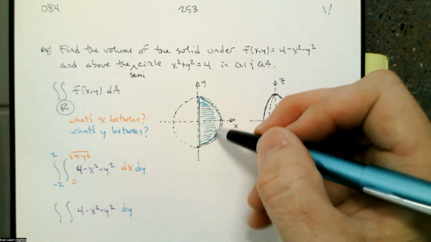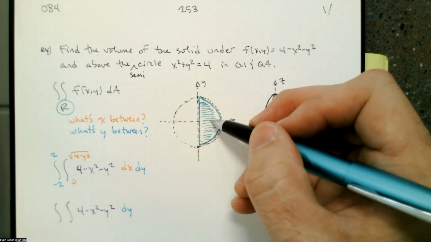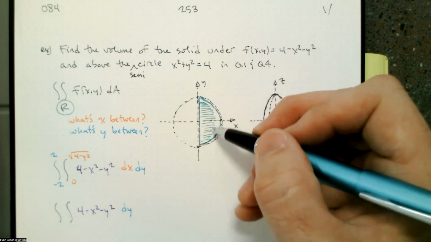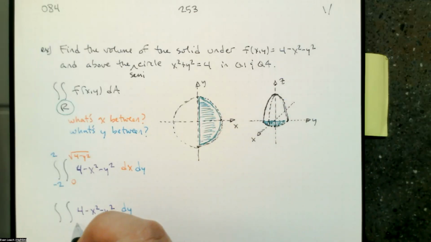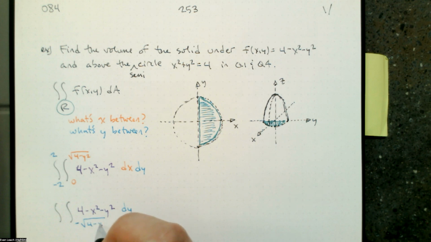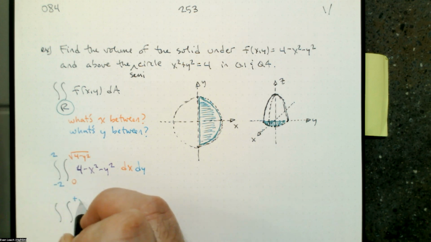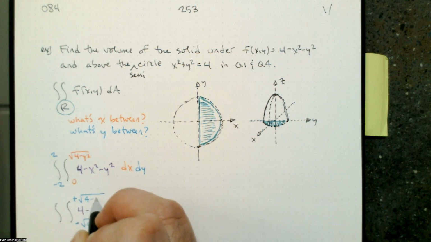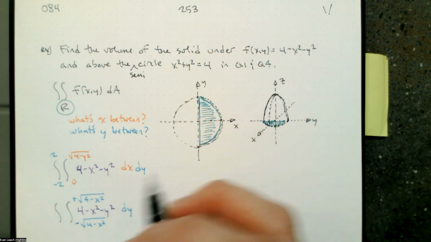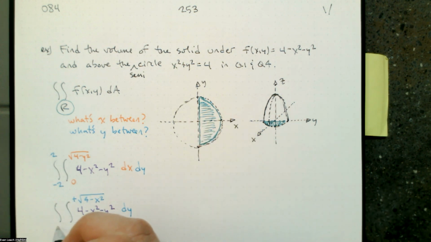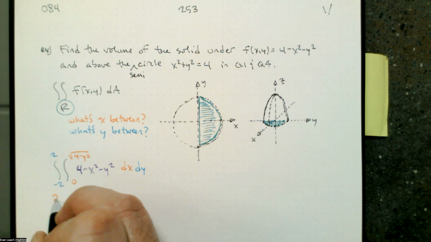And here, for this generic x value, y goes from the bottom of the circle to the top of the circle. So the negative square root of 4 minus x squared to the positive square root of 4 minus x squared. And x was between 0 and 2. We do this for all the x between 0 and 2.